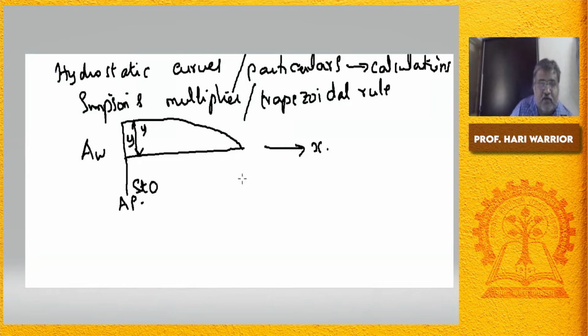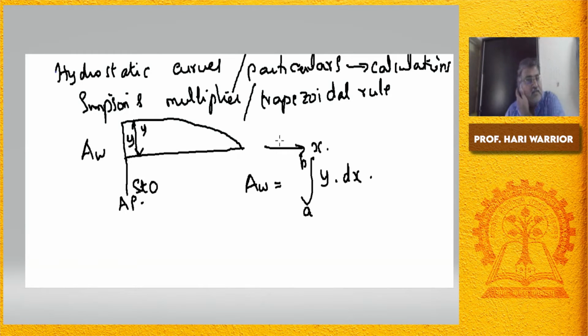So we have the AW equals integral y dx, where x varies from station 0 to station 10, or let's say A to B, wherever the point is, from one end to the other end. This will give you the area of the water plane area. This area it will give.